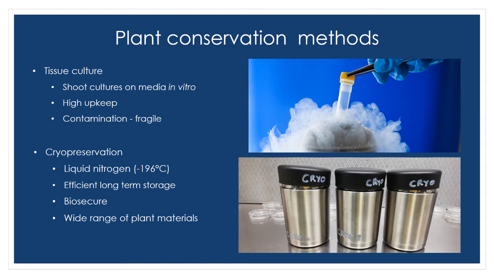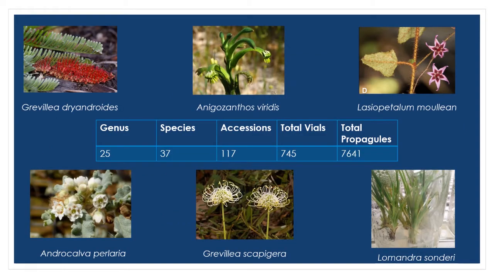It also means that there's very low chance of further contamination to the material once it's in the liquid nitrogen. With this method, we can cryopreserve multiple types of plant material, including seeds, seed embryos and shoot tips, but we mostly use shoot tips in our work. These are some of the species that we have in cryo storage currently at Kings Park.